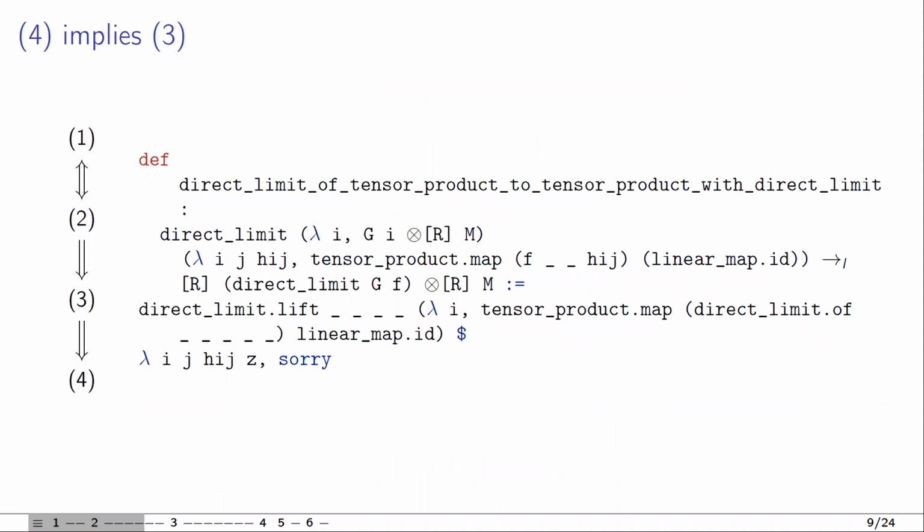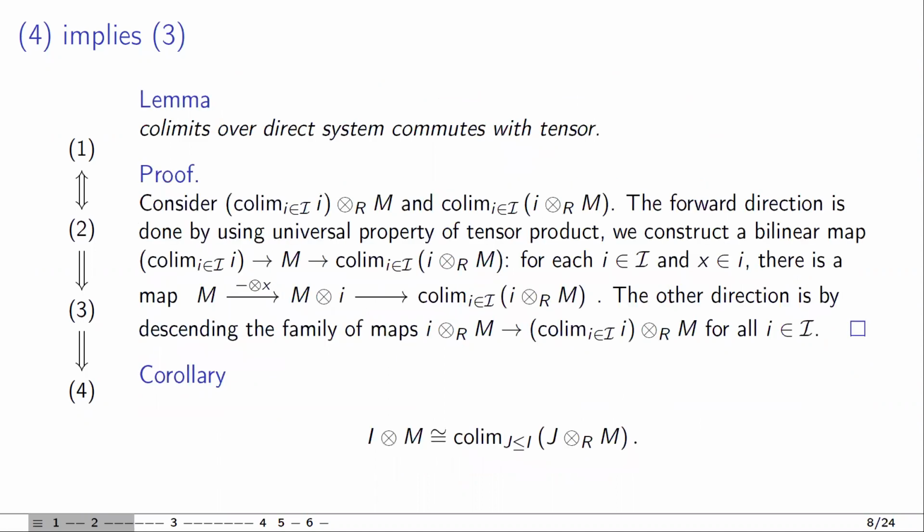So this is just, is it the forward or the backward direction? Let's see. It is the backward direction, from the colimit of I tensor M to the colimit of M tensor with M.